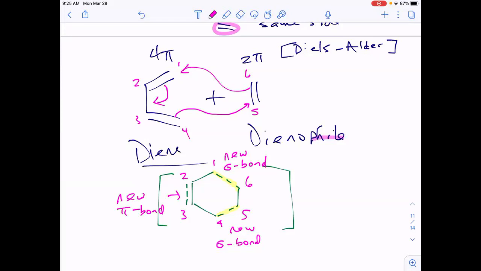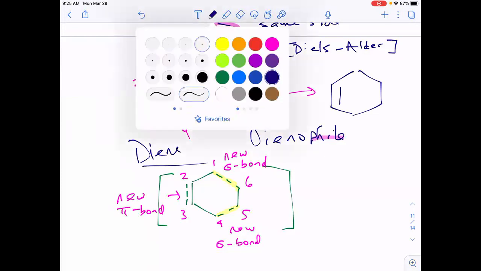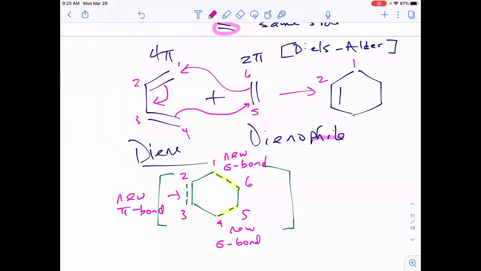So when I draw the product of that, it looks like this. It is a 6-member ring, and if I number it, 1, 2, 3, 4, 5, and 6, like so.